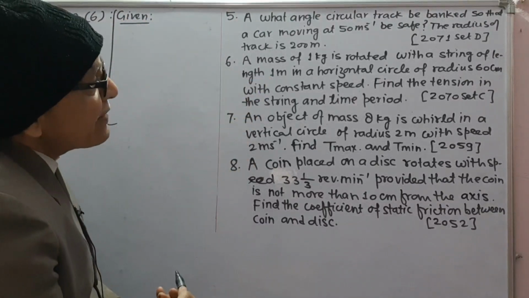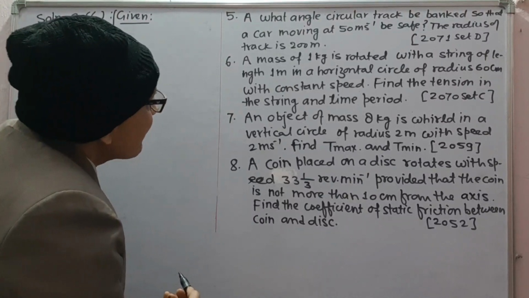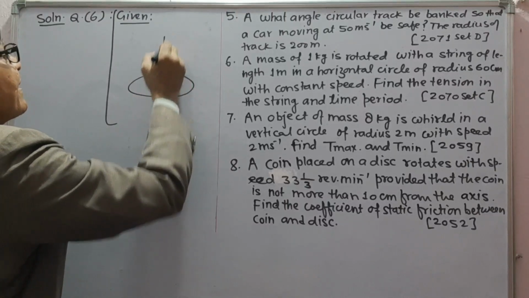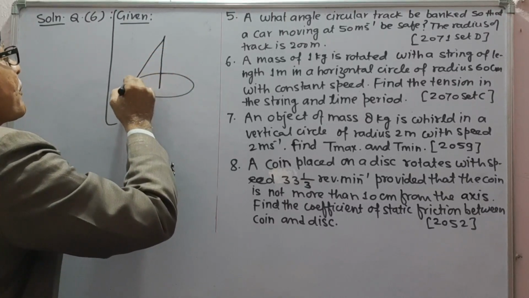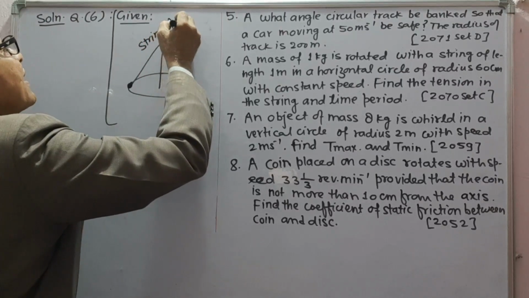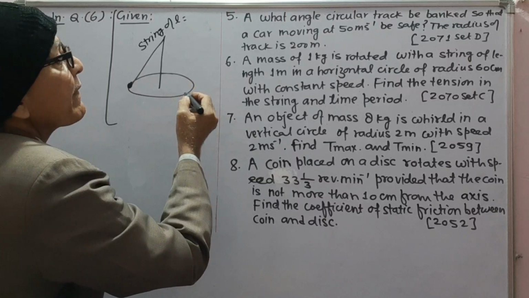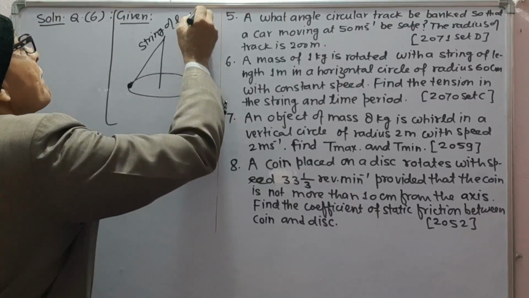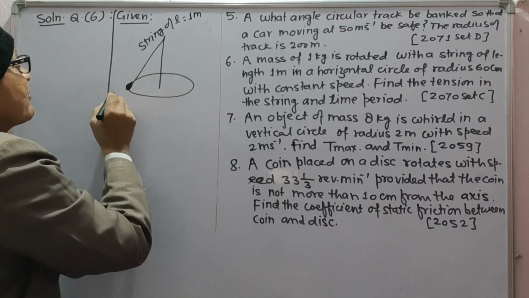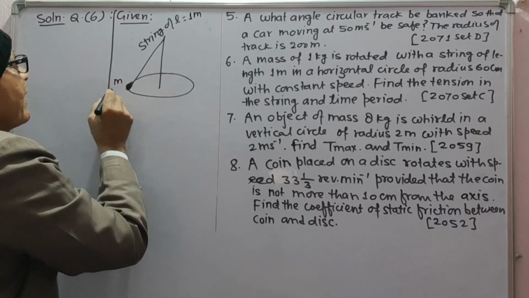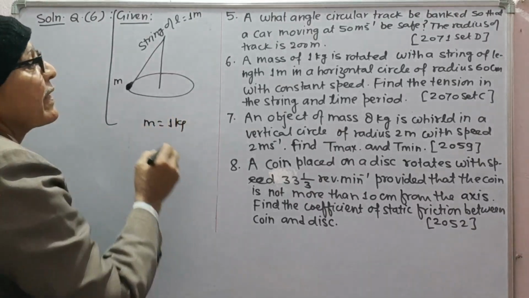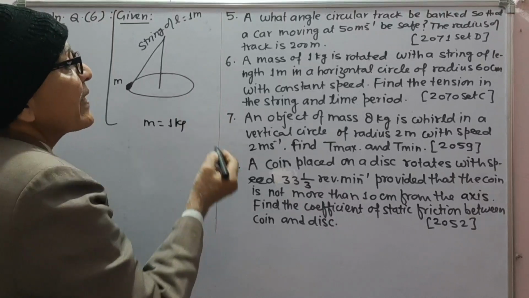mass of 1 kg is rotated with a string of length 1 meter in a horizontal circle. Suppose this is horizontal circle, this is string of length L is equal to 1 meter. This object has mass m is equal to 1 kg. It is rotated with constant speed.